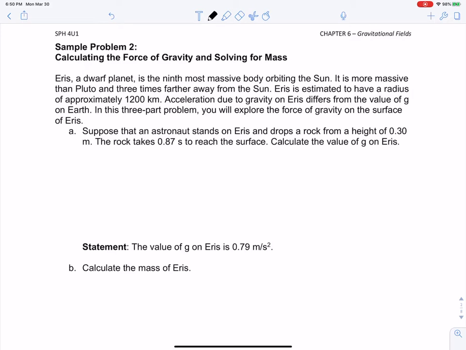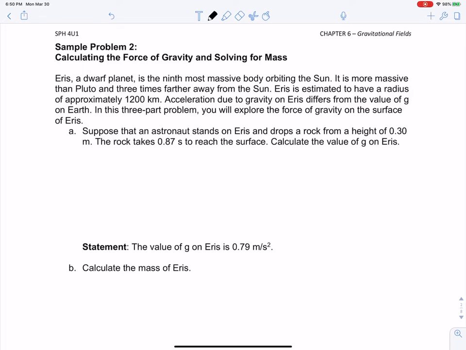Part A. Suppose that an astronaut stands on Eris and drops a rock from a height of 0.30 meters. The rock takes 0.87 seconds to reach the surface. Calculate the value of g on Eris. So we know that it is the force of gravity on Eris that is causing this rock to accelerate from this height of 0.30 meters to the ground.